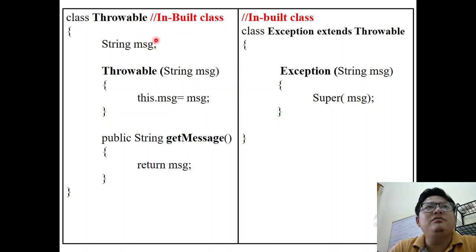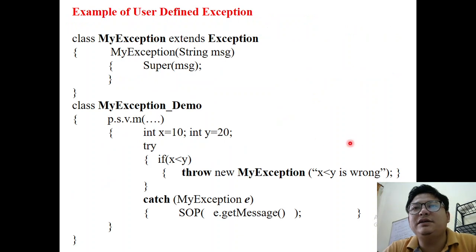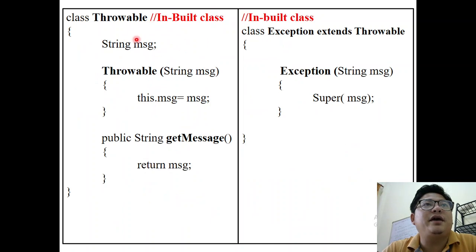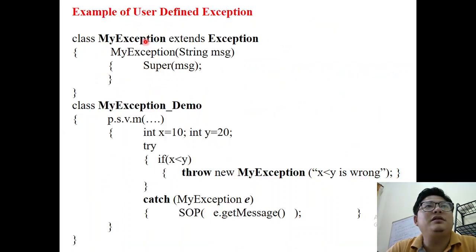Now at the end of that statement, MSG contains what? It contains the string, x is less than y is wrong. This string is now initialized in this MSG of the Throwable class.